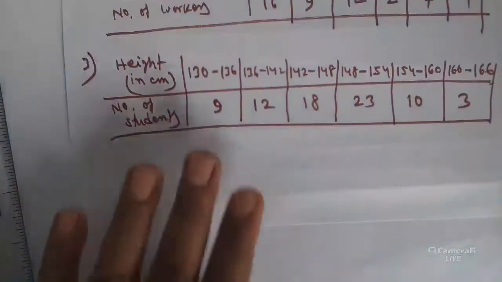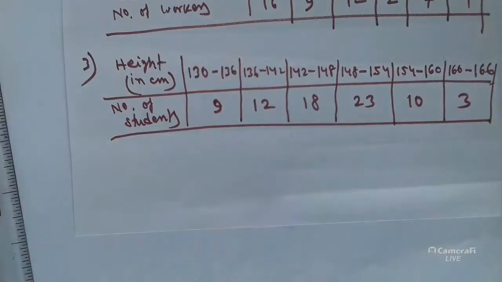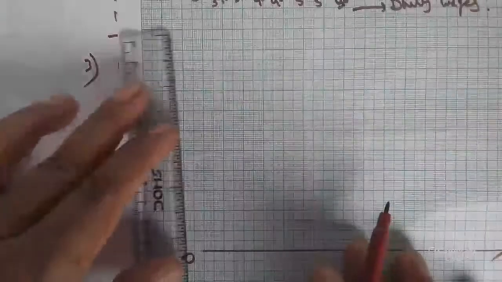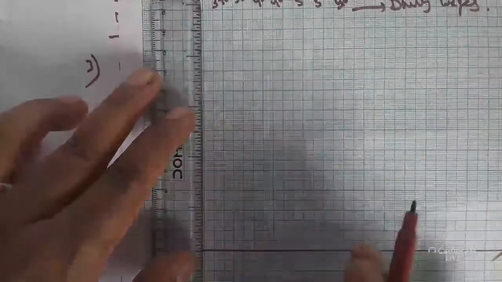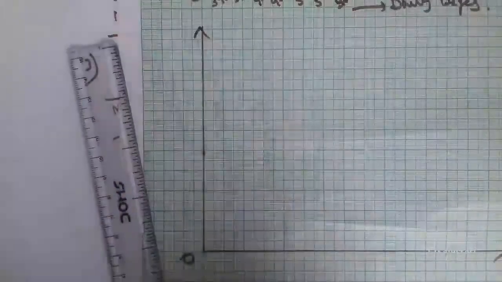Now we have to draw the histogram. So at first we have to take x-axis and y-axis. So this is x-axis and this one is y-axis.